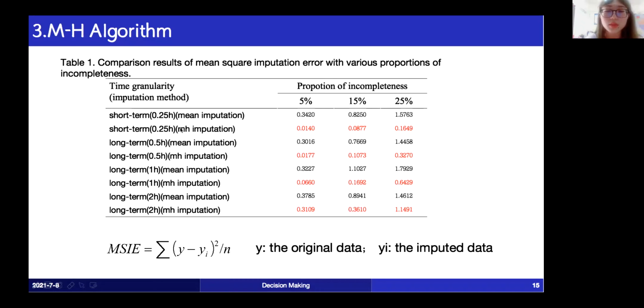In table 1, the row is different time granularity and the column is different proportions of incompleteness. The values are the average of MSIE of the two methods. The red values are MH imputation and the black values are mean imputation.